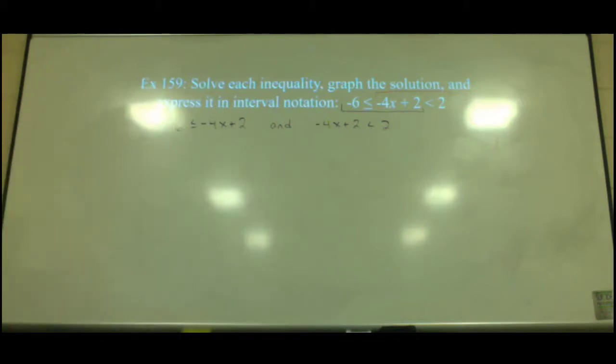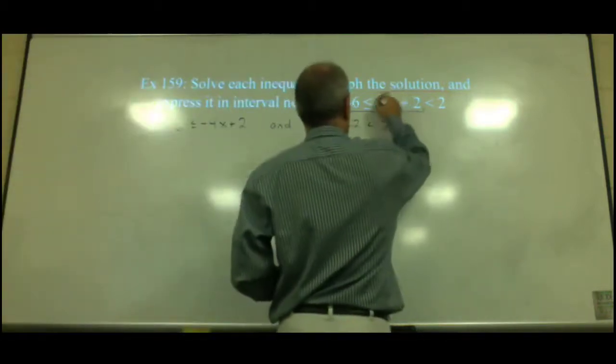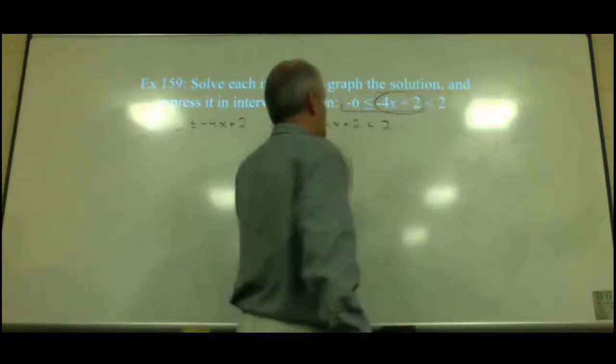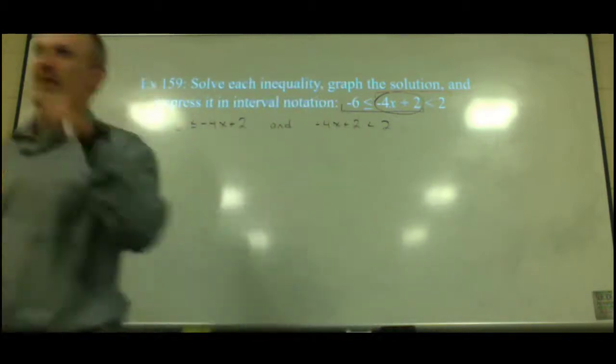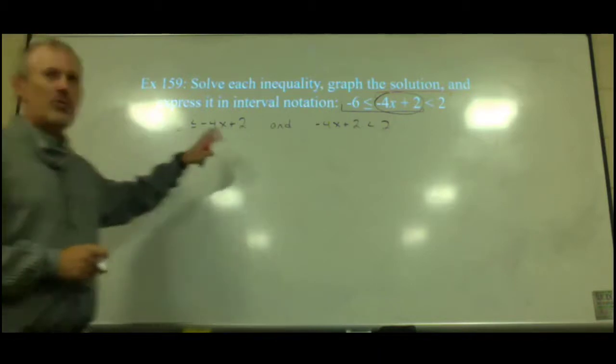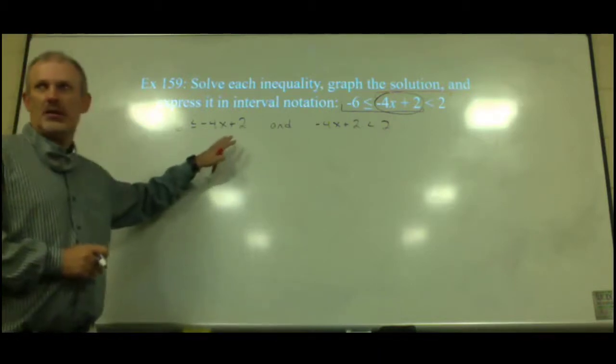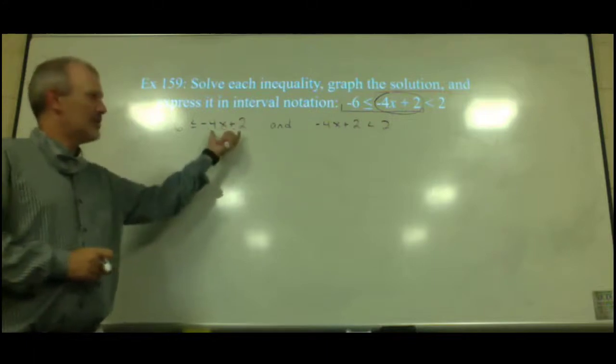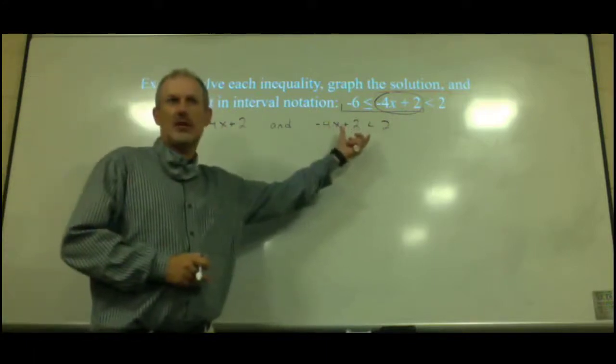Does that make sense? We just have to remember the whole thing here is greater than the -6, and the whole thing is less than the 2. Is everybody okay with how we split that up? Yes. Okay, so the -4x plus 2 has to be all together when you start.